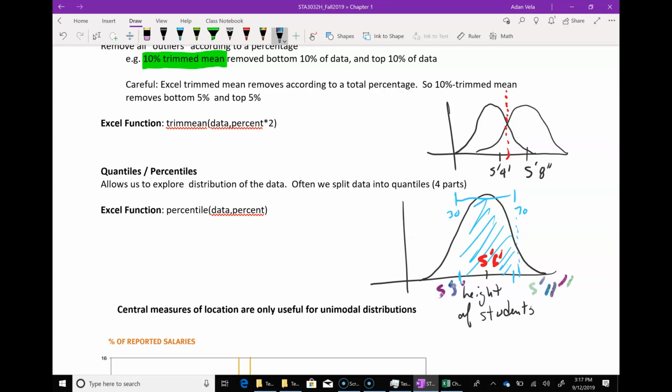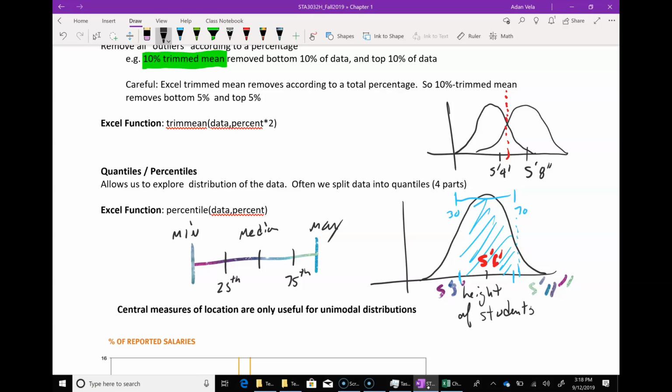Traditionally, people use the 25th percentile and the 75th percentile, right? What they do is they divide up their data from some minimum value to a maximum value, and they divide it into 4 equal chunks. So we know the middle is the median, right? And then they choose the 25th percentile and the 75th percentile, because you're dividing your data into 4 chunks.